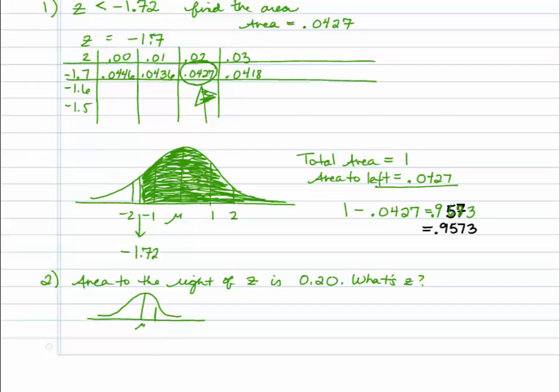The only problem is that my chart is telling me only what's to the left. So if it's 0.20 to the right, then it must be 0.80 to the right. No, I'm sorry. If it's 0.20 to the right, it must be 0.80 to the left.